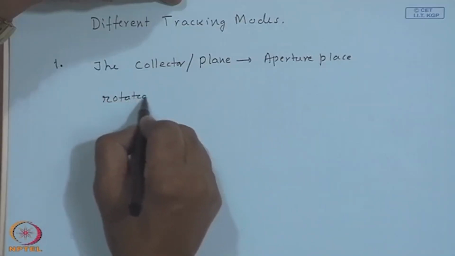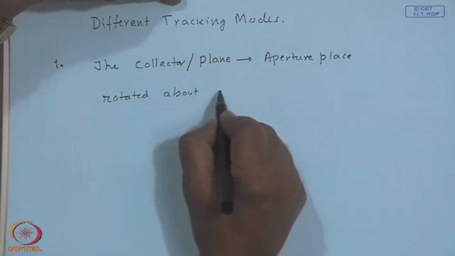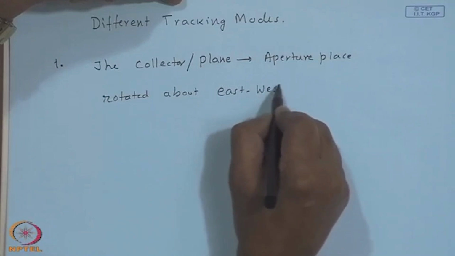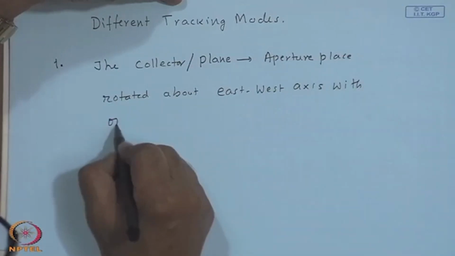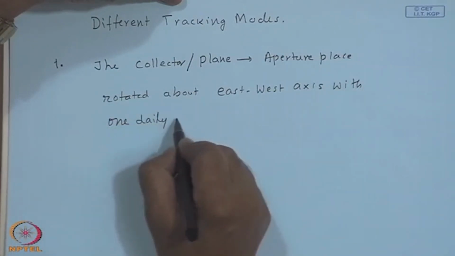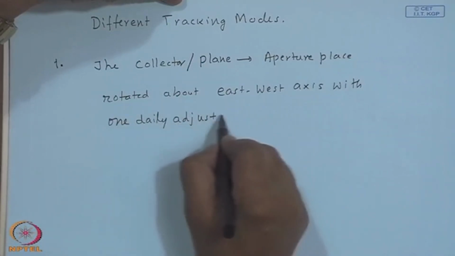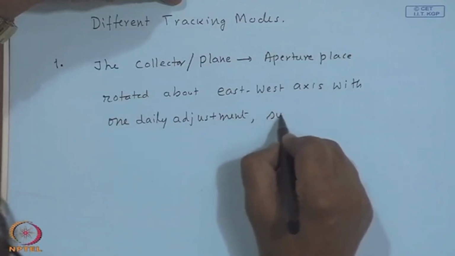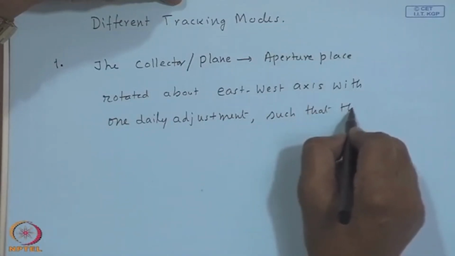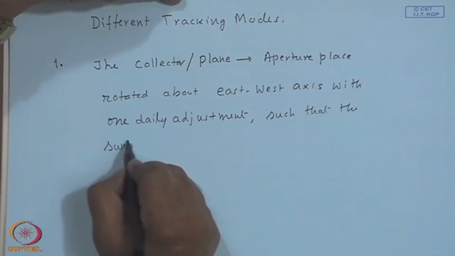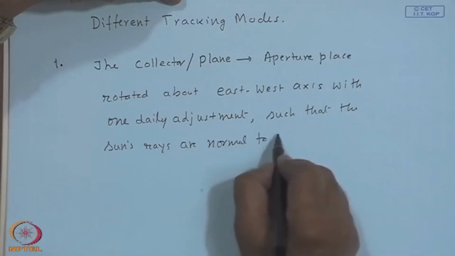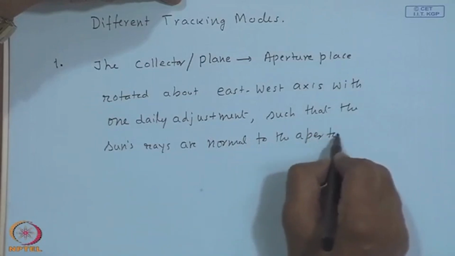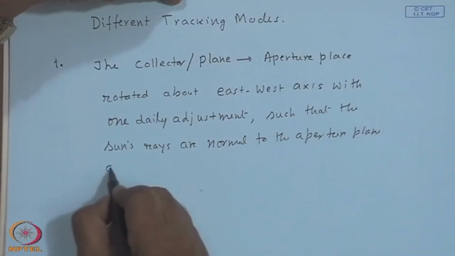So, the collector or the aperture plane rotated about an east west axis with one daily adjustment, such that the sun's rays are normal to the aperture at solar noon.